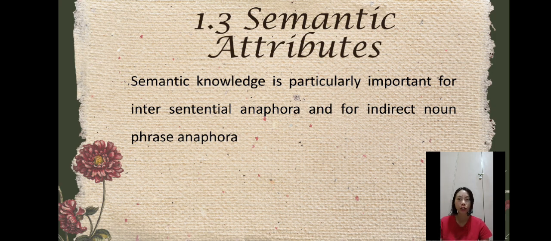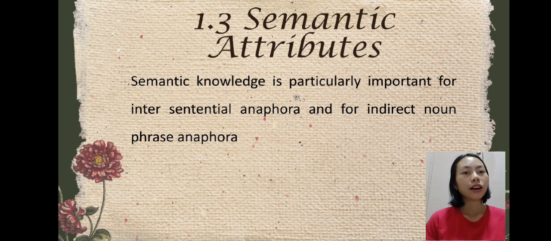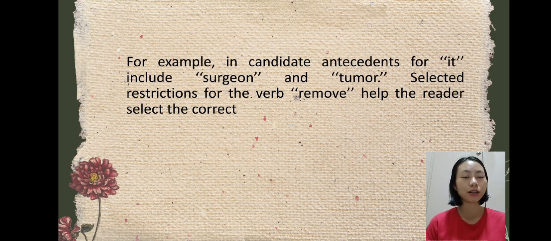Semantic knowledge is particularly important for intersentential anaphora and for indirect noun phrase anaphora. The selectional restrictions a verb places on its arguments can help filter candidate references. For example, in our example earlier in the lexical and morphological attributes, we have the surgeon photographed the tumor after removing it.